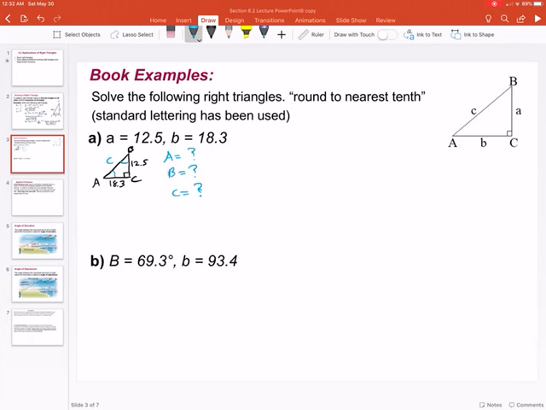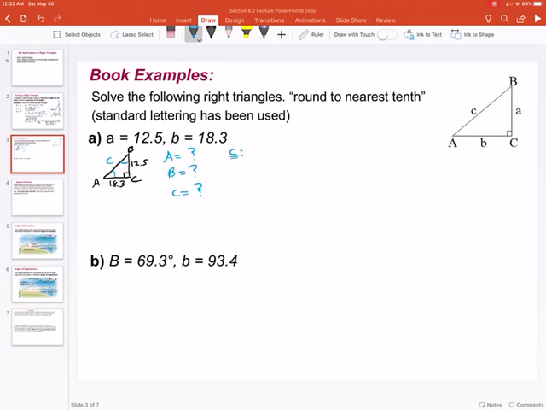Now, we could, if we want, go ahead and find side C using geometry. We could use the Pythagorean theorem to get that side. So let's go ahead and do that. Let's find the third side.